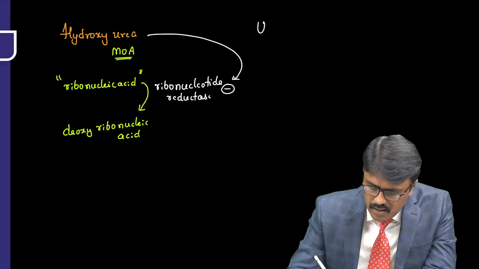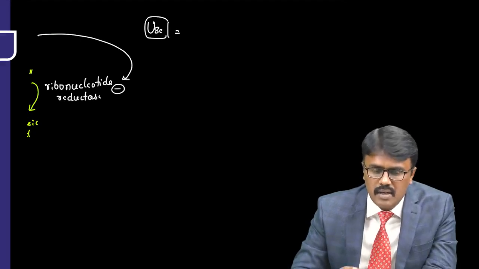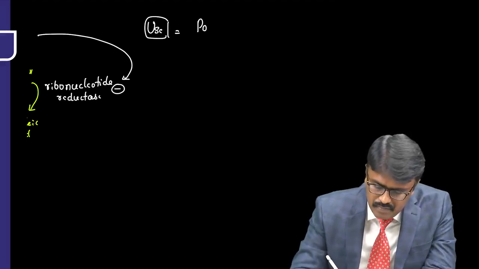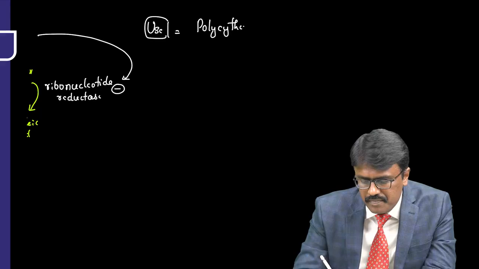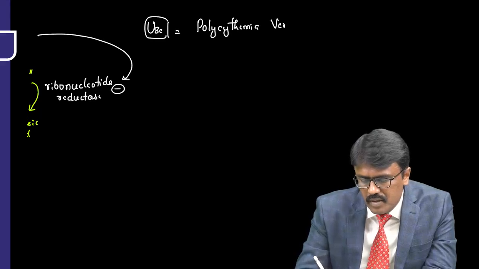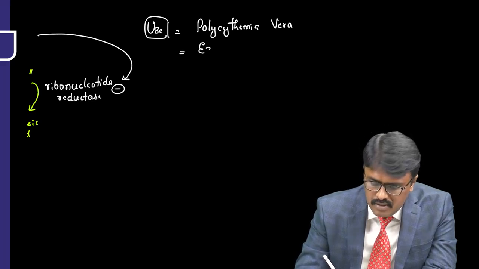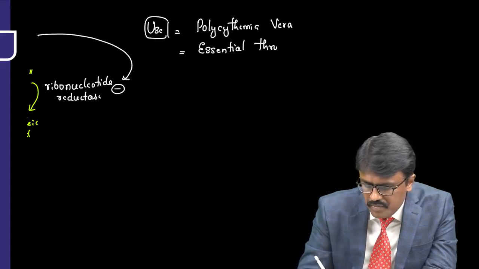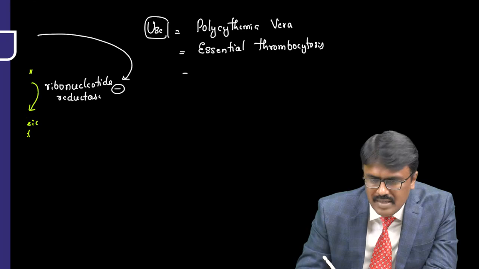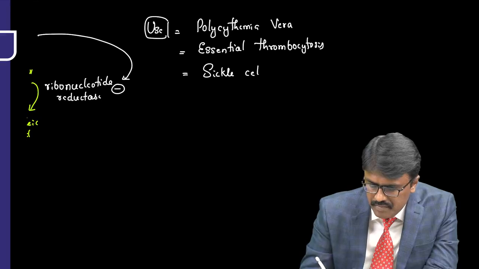Now, where do you use this drug? Hydroxyurea is used in the RBC condition called polycythemia vera, in a platelet condition, essential thrombocytosis, and in a condition called sickle cell anemia.